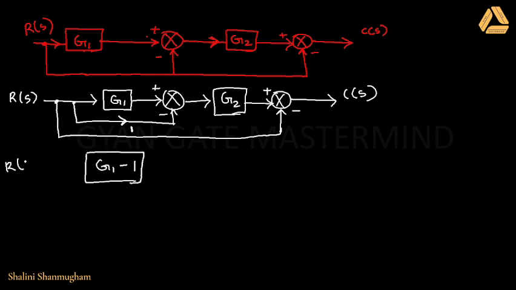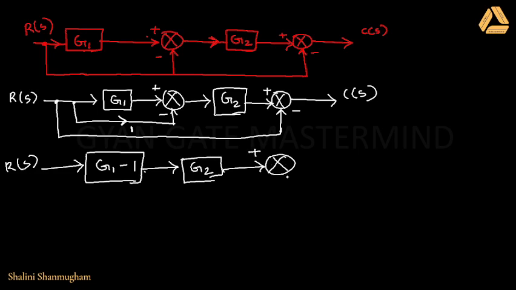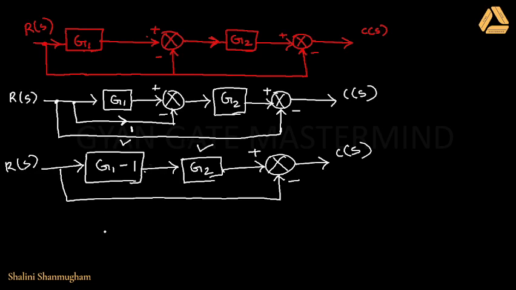R of s is the input. You are going to give it to this block, and G2, and it is sent to the summation, and this is minus. And from this diagram you could easily guess that G1 minus 1, this block and this block are in cascade.